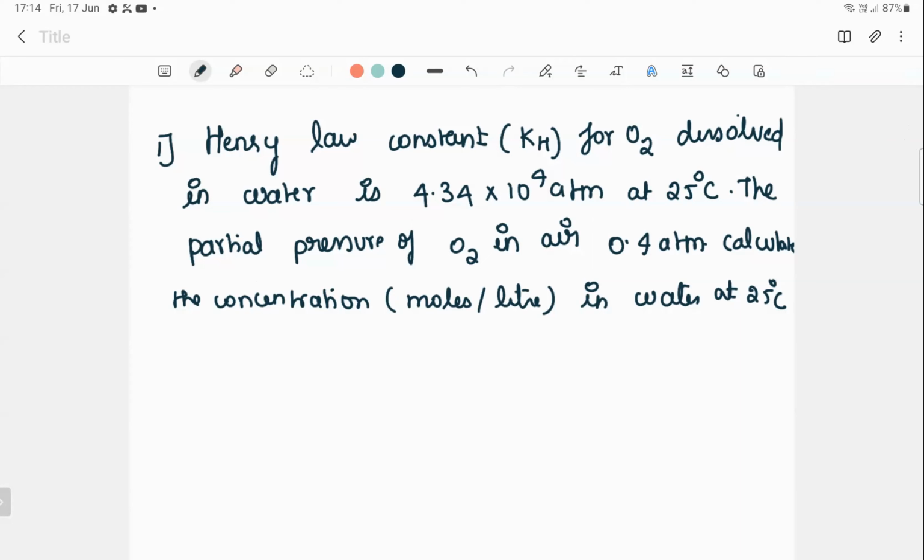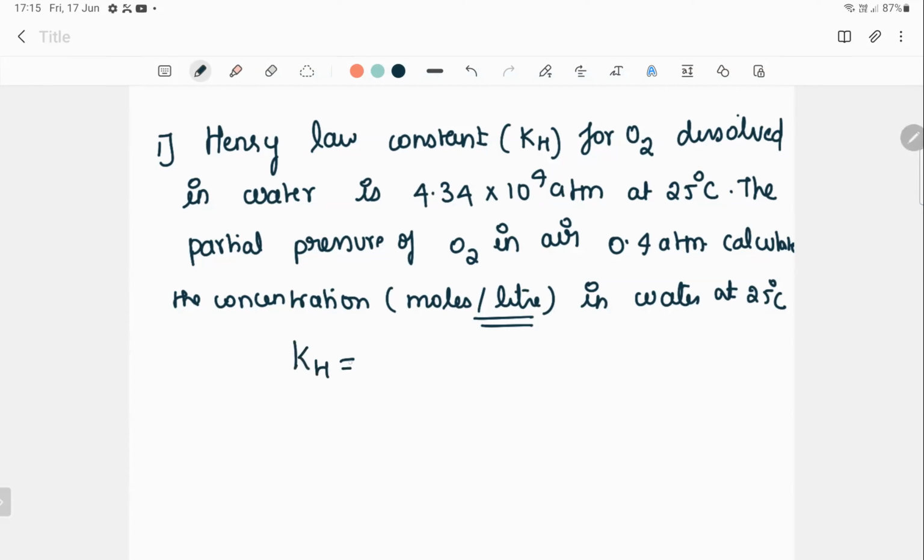Most of the Henry law questions will be with your gas and your liquid. And do remember, in most of the cases, they'll be giving only 1 liter. Sometimes they will mention 500 milliliters, at that time what happens? Already yesterday I have given. For 1 liter of water, for 1 kilogram of water, the fixed number of moles is 55.5. If they have given 500 milliliters, you have to divide it accordingly. Carry over this problem.